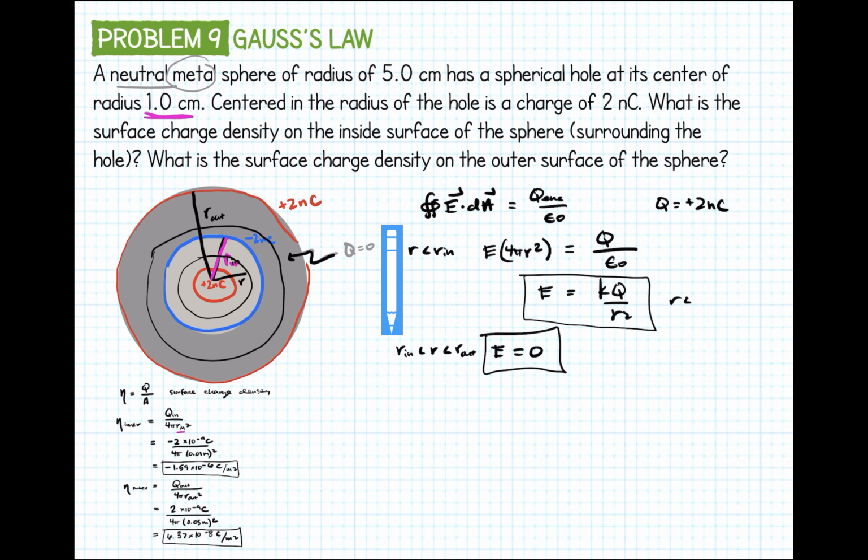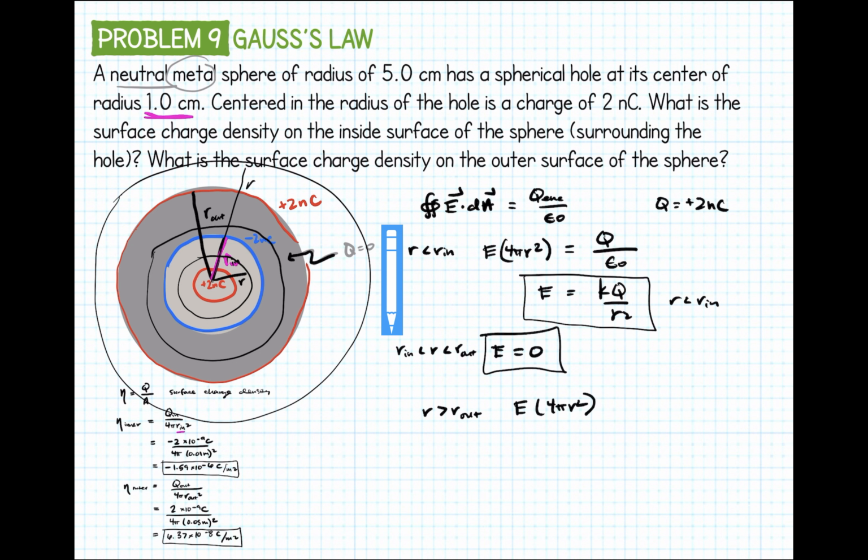And then if you're out here, and this is your R, you'd say R is greater than R out. Then you have 4 pi R squared, just like here, is equal to, here's plus Q, then you have this surface, which is minus Q, and you have another plus Q out here.